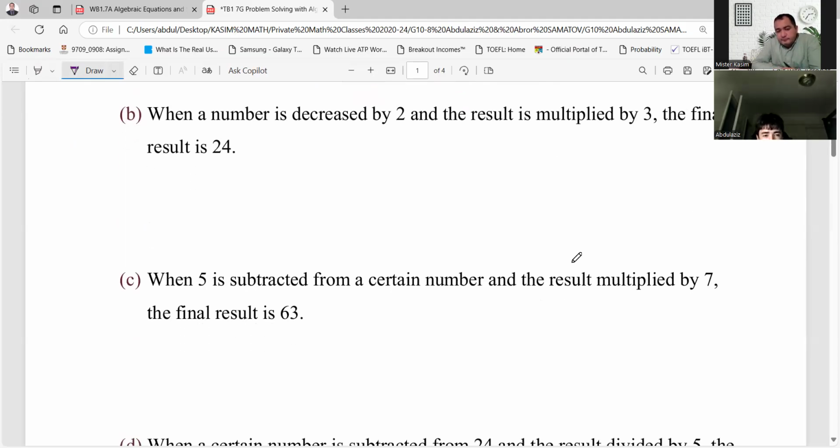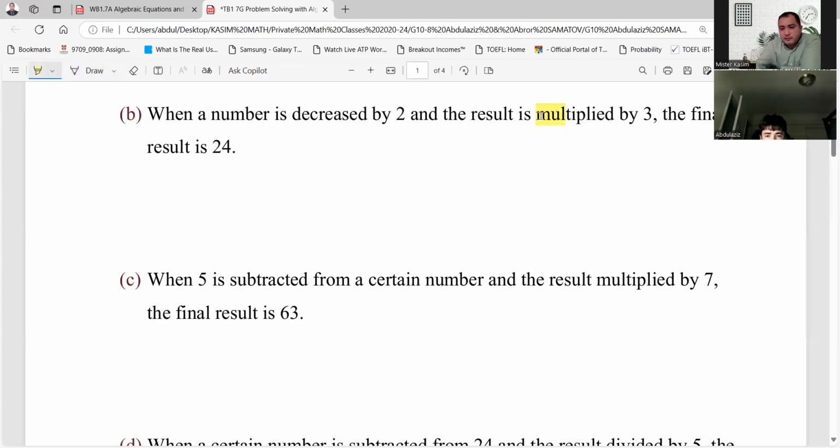B, read it. When a number is decreased by 2 and the result is multiplied by 3, the final result is 24. Can you tell me that equation? x minus 2, multiplied by 3.